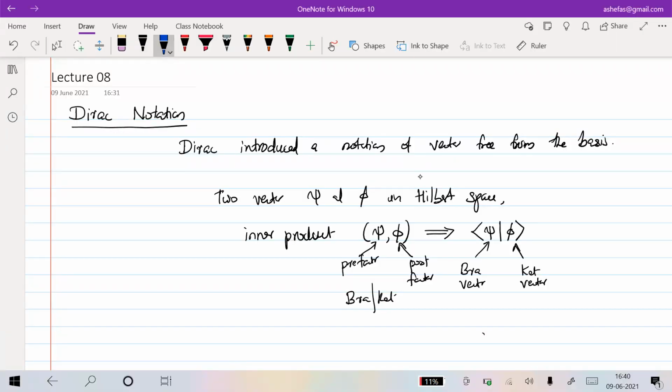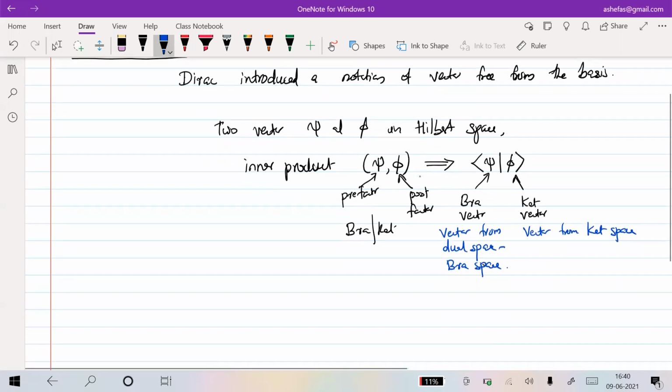Now these Bra vectors and Ket vectors are vectors from two different spaces. This Ket vector is a vector from Ket space and the Bra vector is called a vector from the dual space. And the dual space is also known as Bra space.